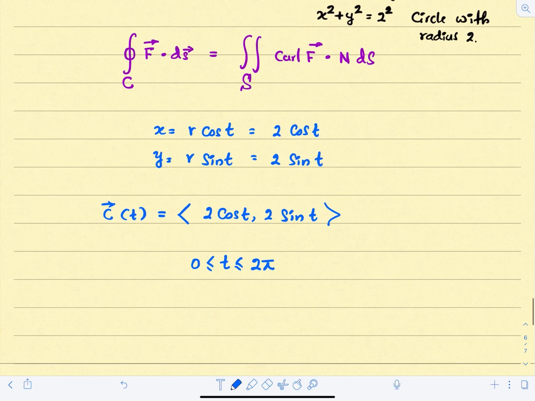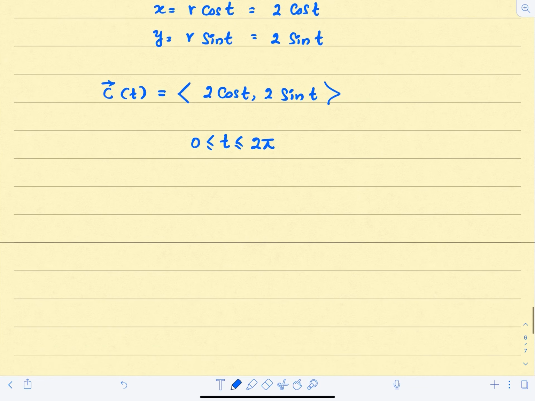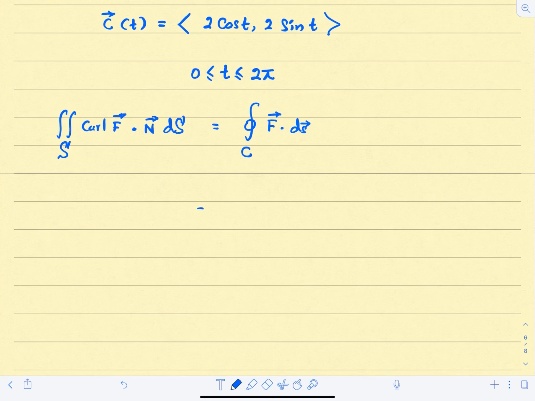Great. So now the flux integral of curl F dot n dS over the surface S equals the line integral over the closed curve C. Okay, now how do we define the line integral? So we have this vector field F dot c prime t dt, and t goes from, let's say, a to b.